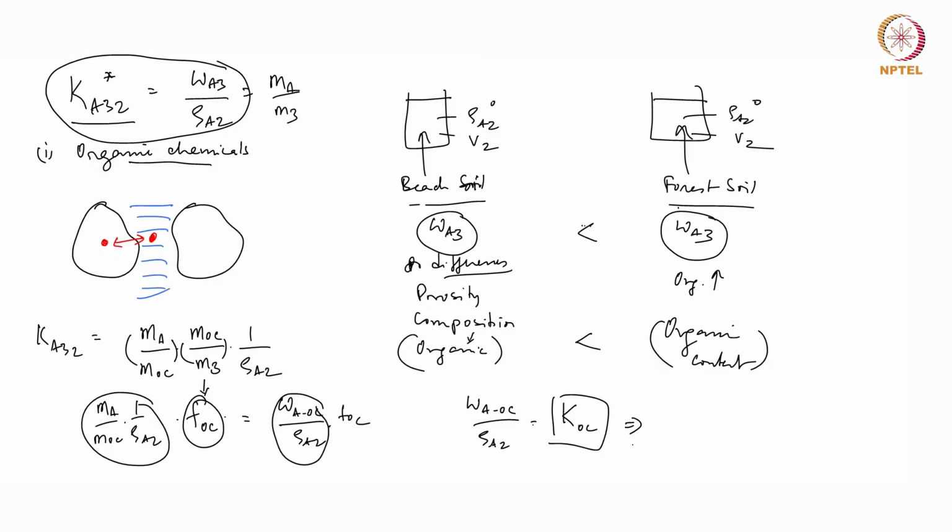We usually represent it as log KOC, because KOC is a big number. Imagine if I have a few milligrams of organic carbon: the solubilities of a lot of these chemicals are very small, but they are organic, they like organic phases, so they will all go there and stick there. That is the reason we use them as adsorbents, because their KOC is very big.